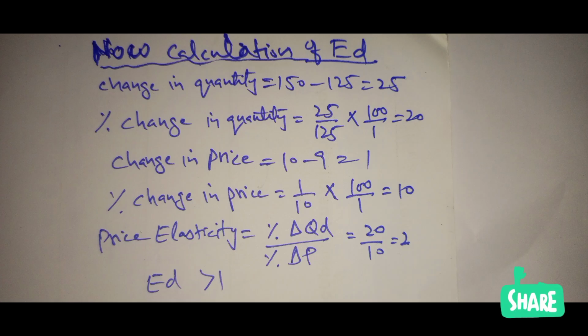When the price of any commodity or service decreases, its demand increases, and when the price increases, its demand will decrease. And the elasticity of demand shows this increase or decrease in demand due to the increase and decrease of price.